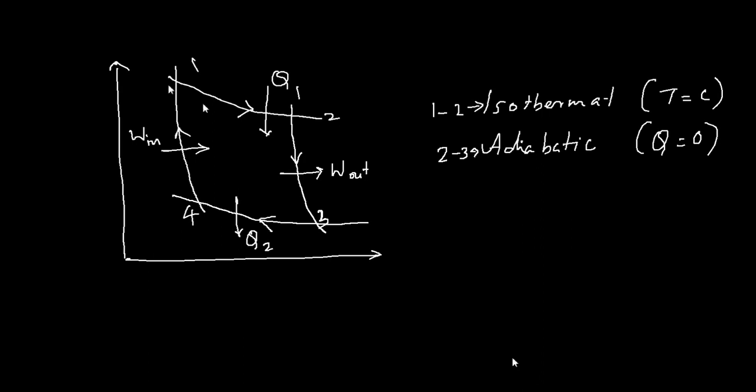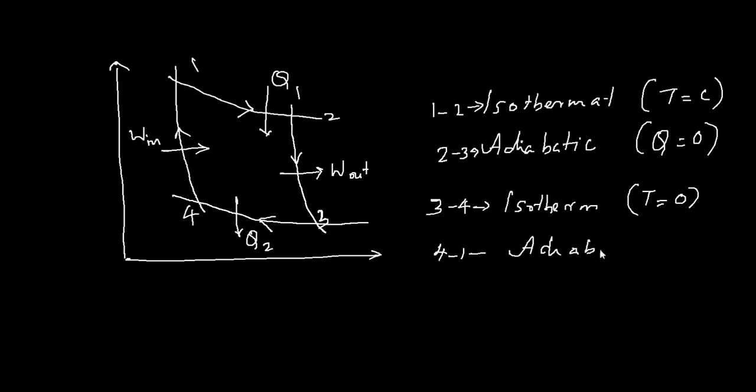So 1-2 is a reversible isothermal where constant temperature heat addition happens, and 2-3 is a reversible adiabatic where work is discharged with no heat transfer, and 3-4 is another reversible isotherm where you have constant temperature heat rejection to the sink here, and you have 4-1, another reversible adiabatic where you have work input with no heat transfer.